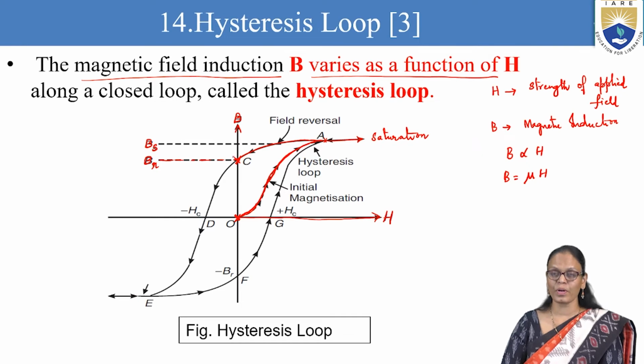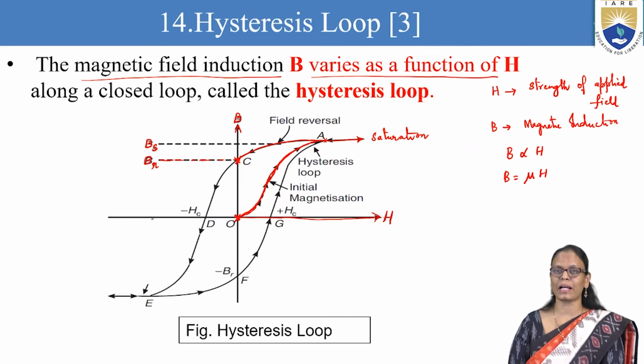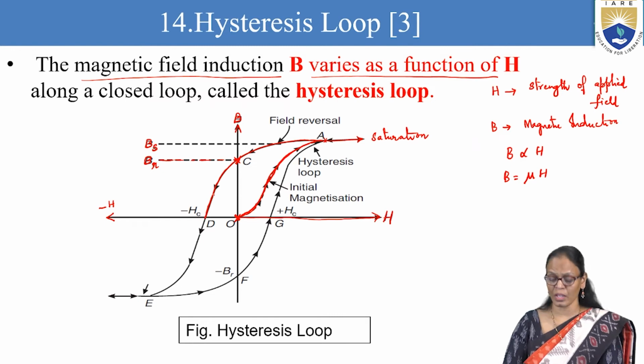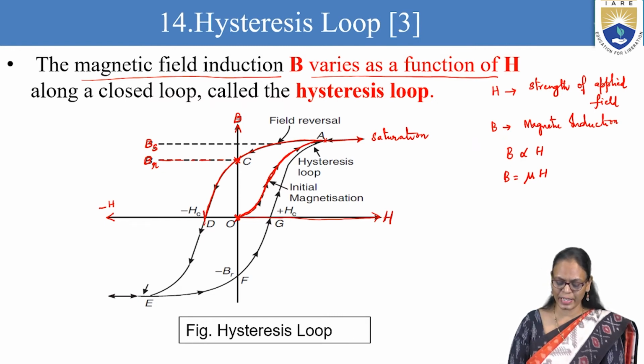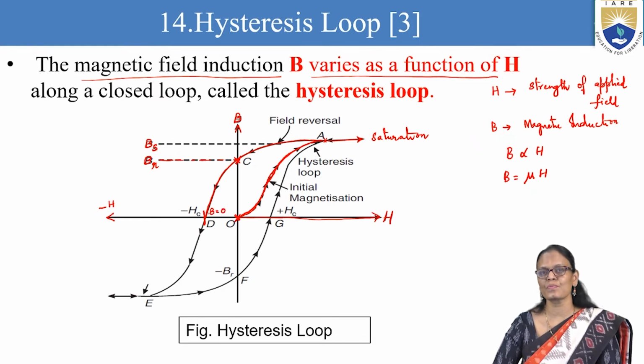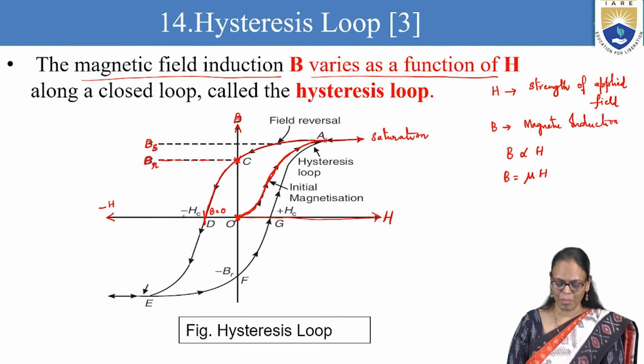To remove this residual magnetism, we apply the magnetic field in the opposite direction, that is minus H. Now we trace the curve CD. At D, the value of B is equal to 0, at minus HC.